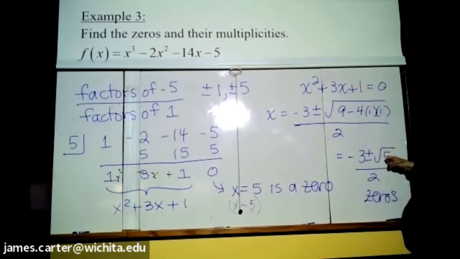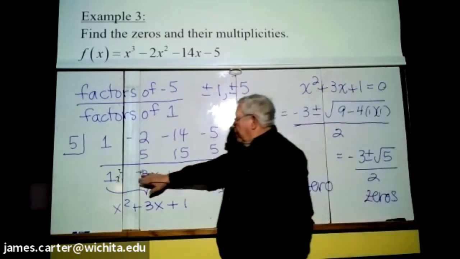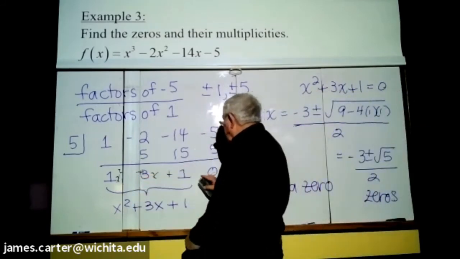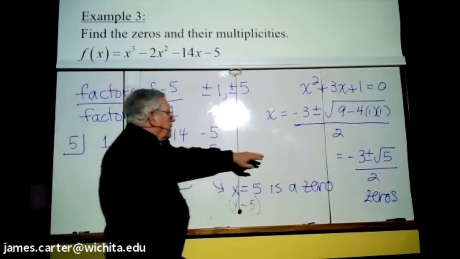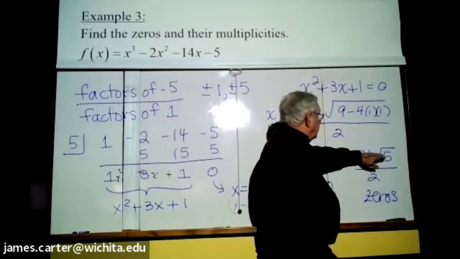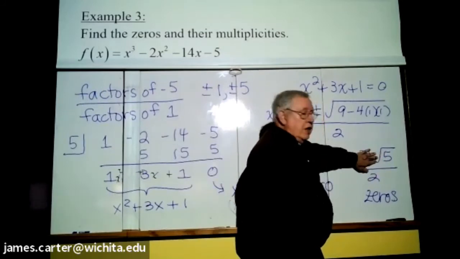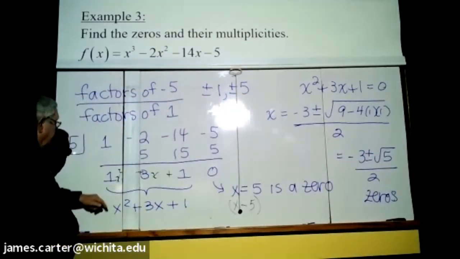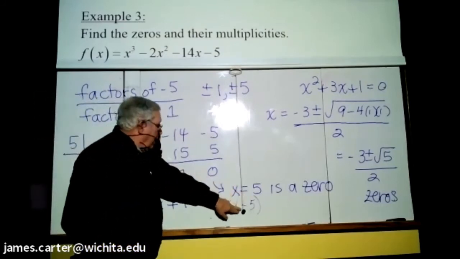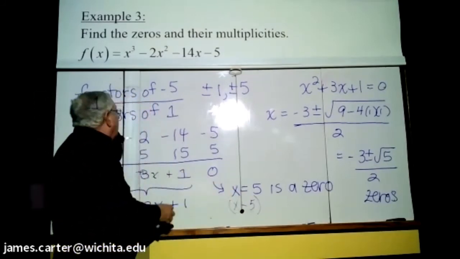But notice that 5 and its square root of 5 are located in this, that's not a coincidence. Now, we use the quadratic formula to take it down from the 2nd degree, and then we were able to tell this. Now, because with the plus and with the minus, these are 2 distinct answers. Each one of these is multiplicity 1, and this x minus 5 is a multiplicity of 1.